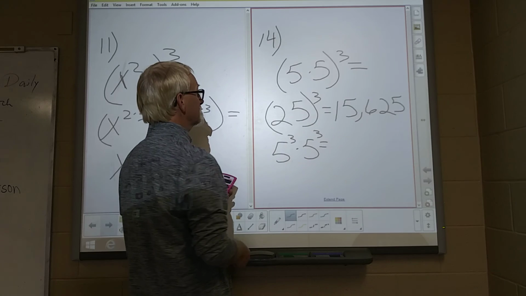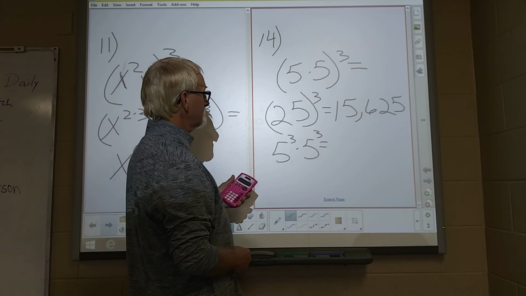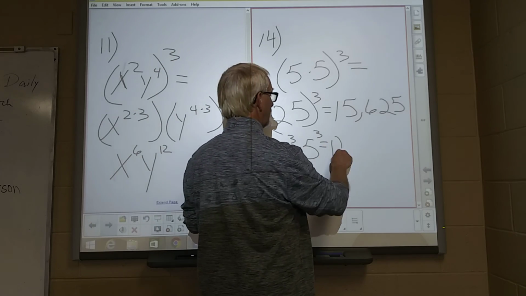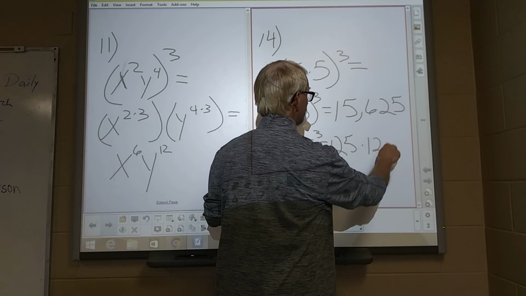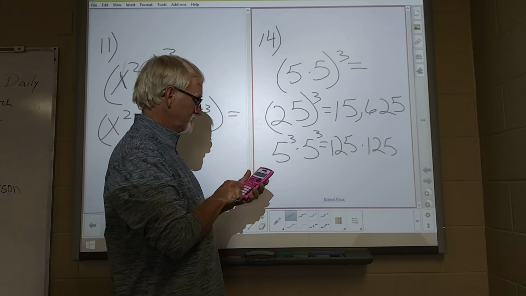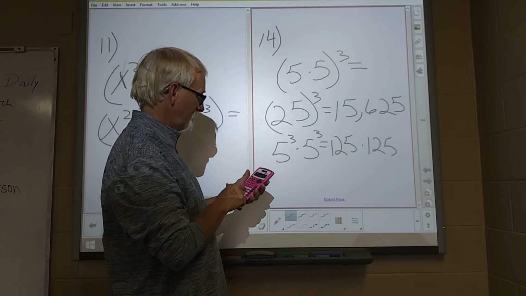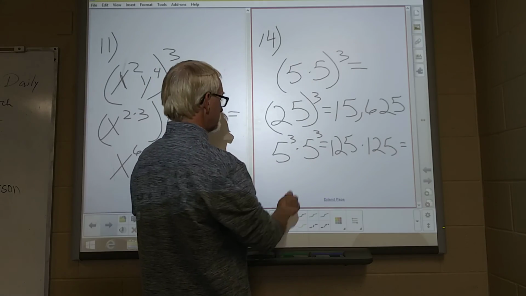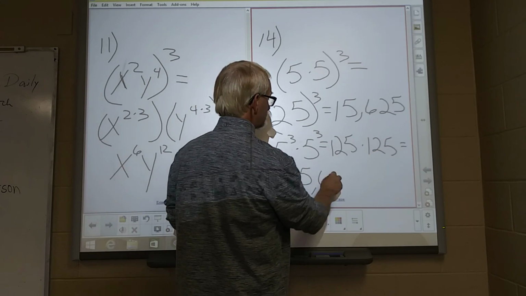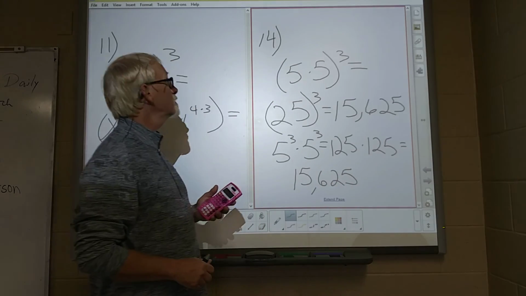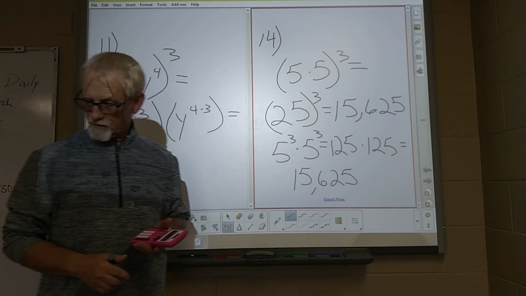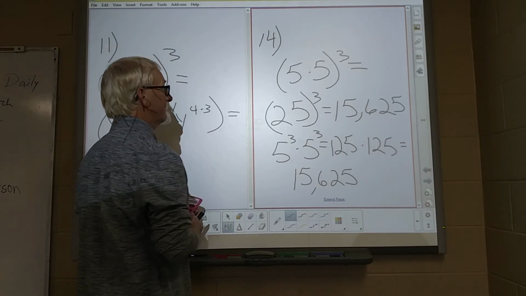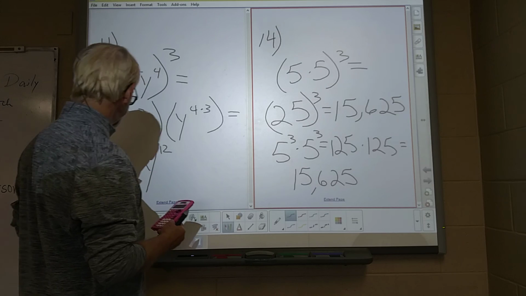So let's see what we get. 5 to the 3rd is 125 times 125, which is equal to 15,625. So again, either way you can do it, and that's your choice. I kind of prefer just saying 25 to the 3rd power and going from left to right.